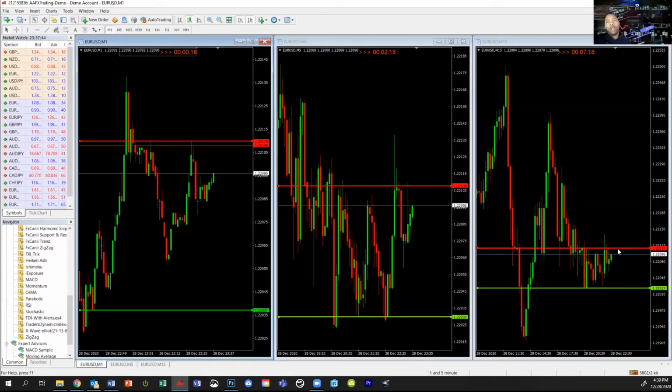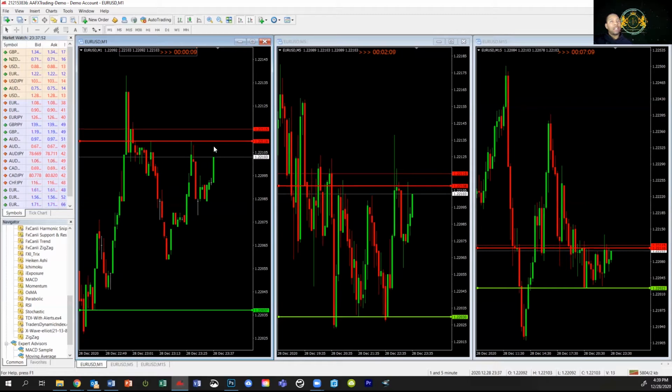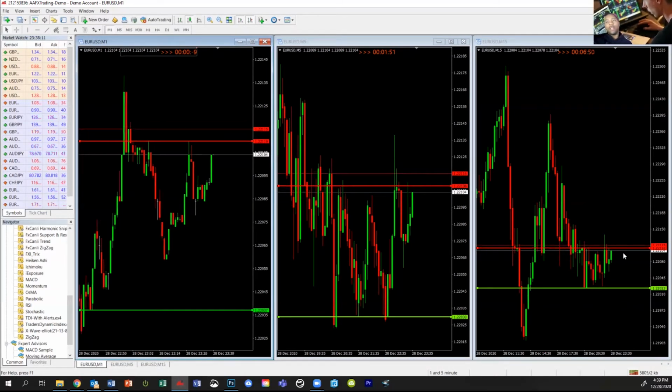Once my trade starts to get up here towards my resistance level, I'm going to watch the market and see if it respects these levels and whether it bounces and comes back down. This might be a good area to place a sell trade once I start getting confirmation that the market is respecting these resistance levels.